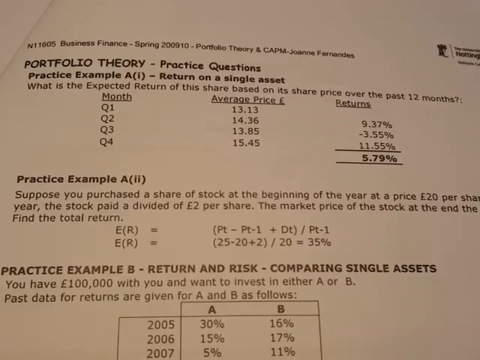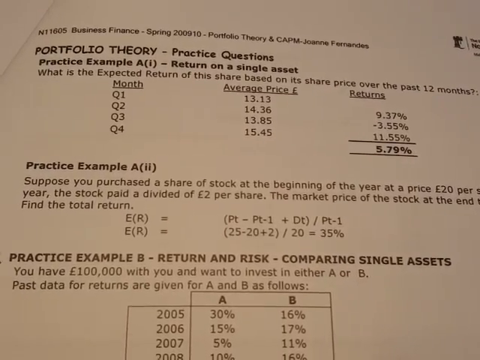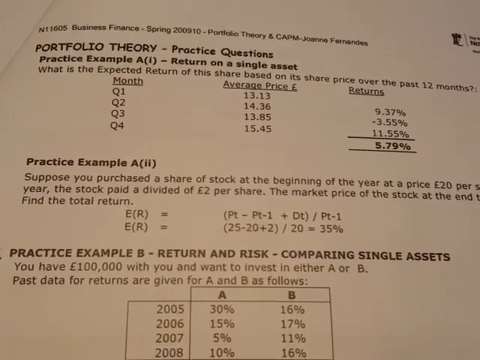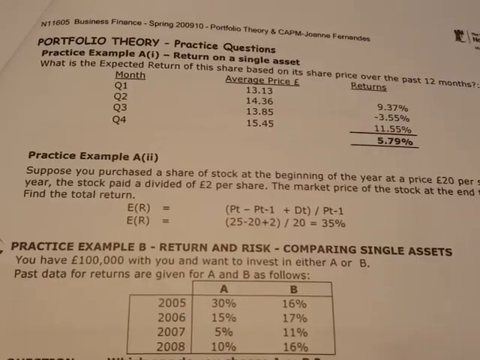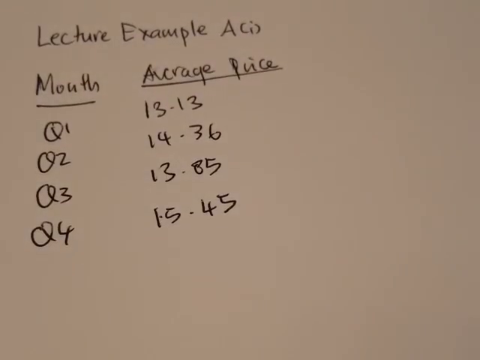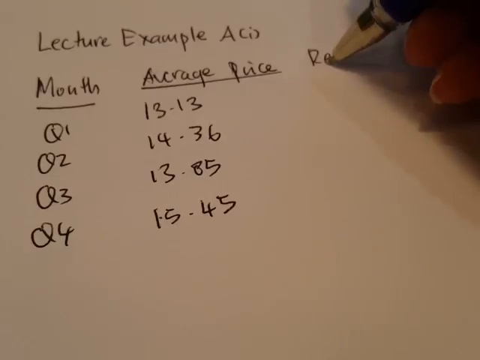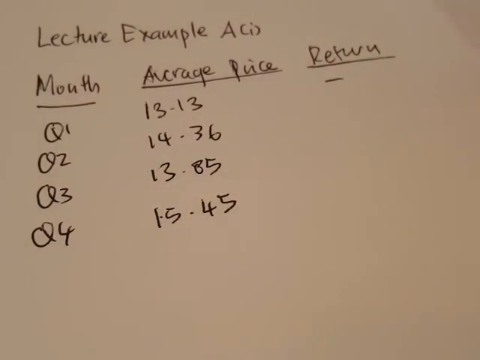I'll next look at page 4, practice example A 1 and 2, where you're given Q1, Q2, Q3, Q4, 4 months with the price, right? The average price, and to calculate the return, you can't do it for the first year, there's no last price.